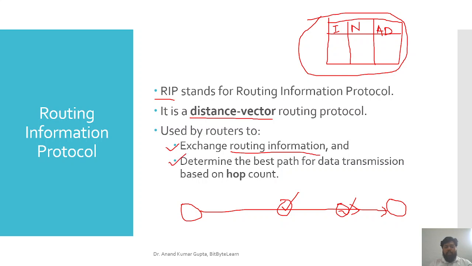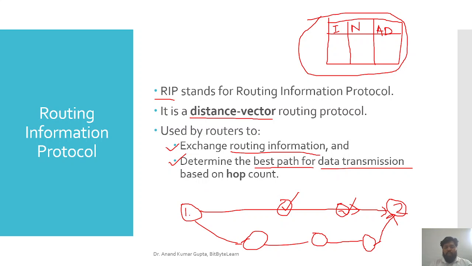RIP is also used to determine the best path for data transmission. If there are multiple routes available from, let's say, router 1 to router 2, it will determine the best route depending on the least number of hops.